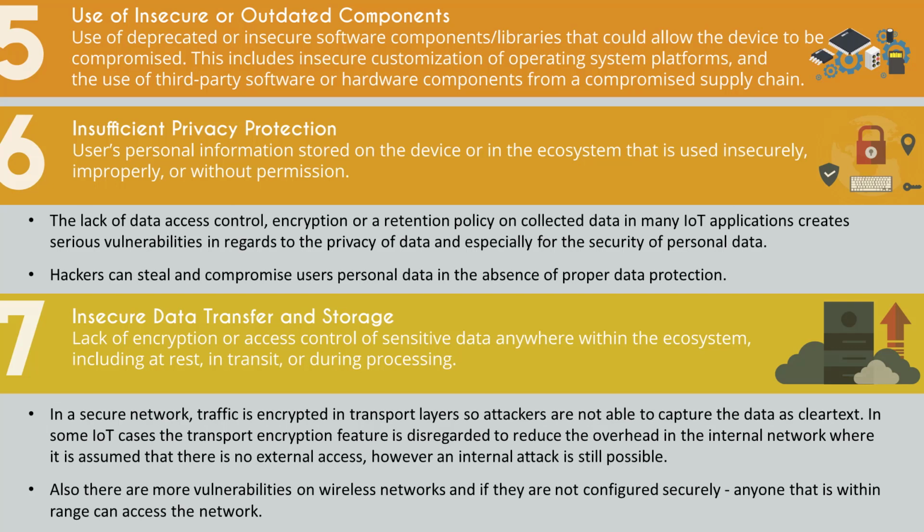The fifth most common vulnerability is use of insecure and outdated components. As I mentioned earlier, in order to develop IoT systems, developers use a variety of different hardware, software, and library components, because nobody wants to develop everything by themselves.